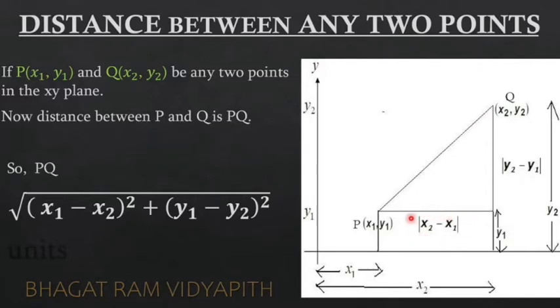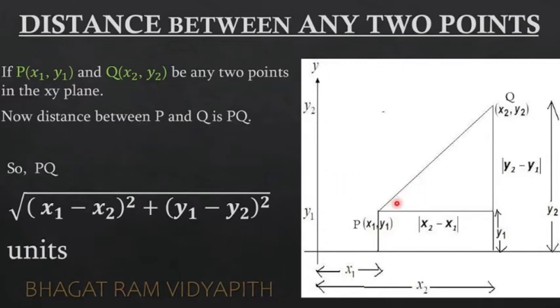We square these values, add them up. The square root of that is the distance between P and Q. If the graph is in centimeters, the value becomes centimeters. If the graph is in meters, the value becomes meters. Otherwise, the unit remains units.